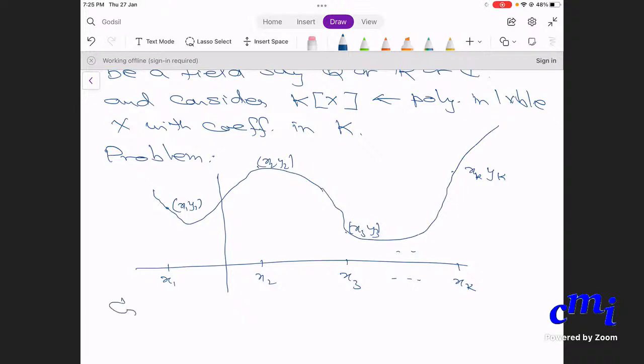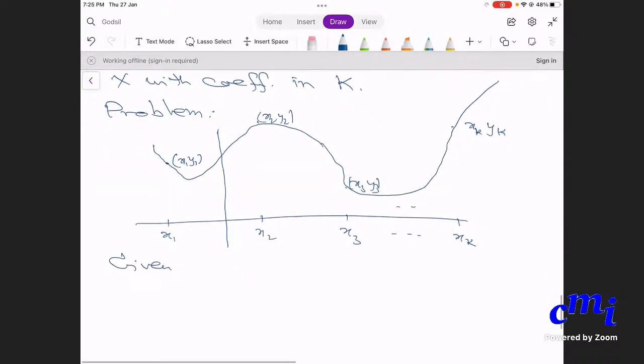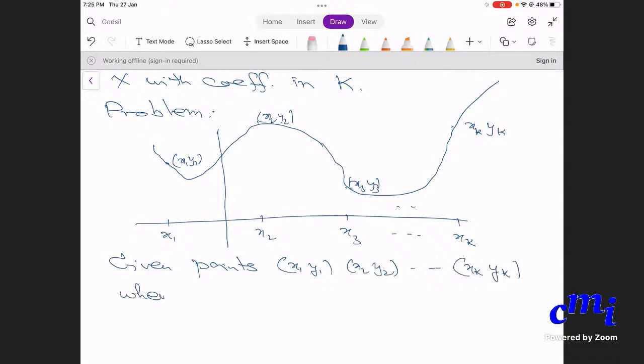So given points x1, y1, x2, y2, up to xk, yk, where of course all the x's have to be distinct. The xi's are all different. You cannot have a graph which goes through these 2 points one above the other, right? That won't be the graph of a function.